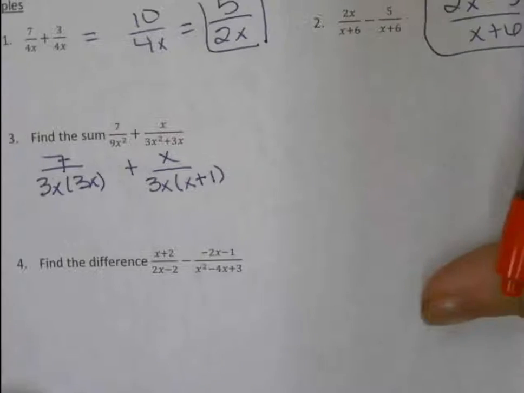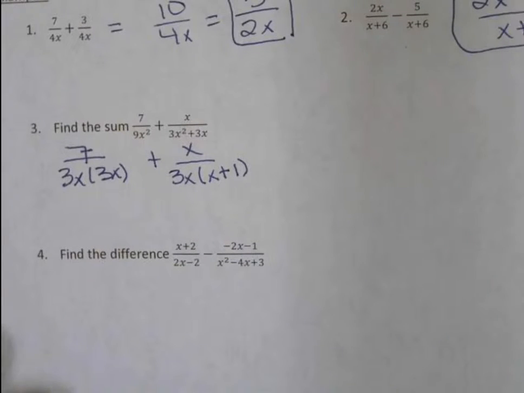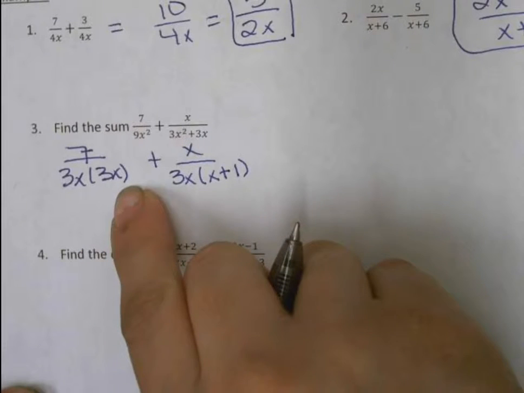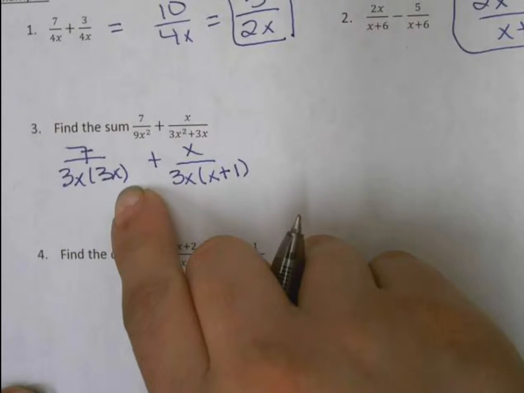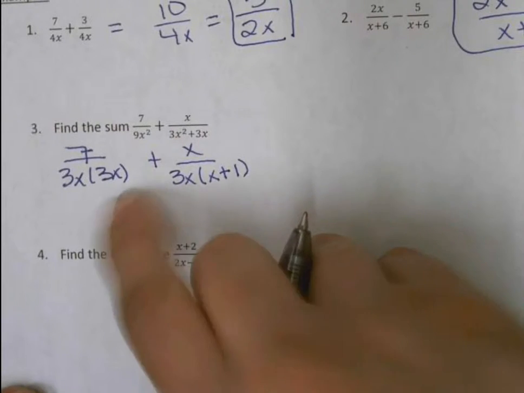What is the first fraction missing? No, this has 2 x's already. So I want all of my bottoms to be the same.